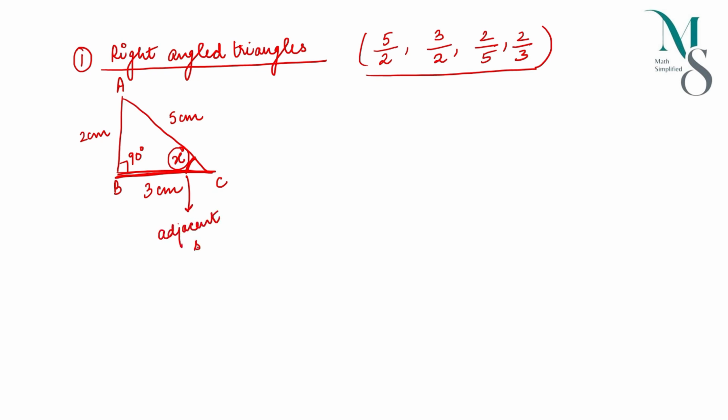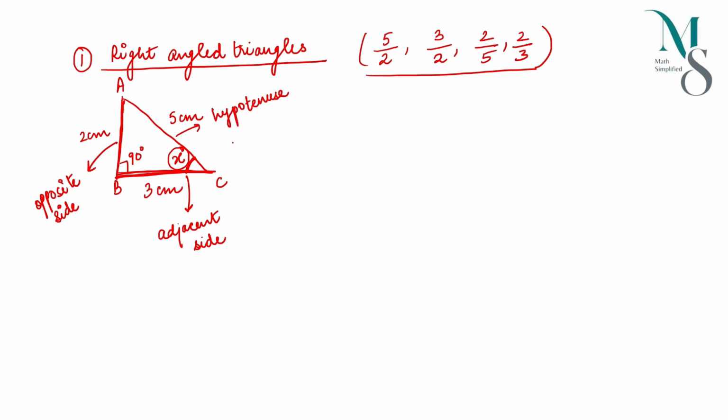The side which is opposite to the angle is known as the opposite side. It's very easy to learn. The side opposite to the unknown angle, the angle measure you have to find, is the opposite side. And the third side, we know, is the hypotenuse.